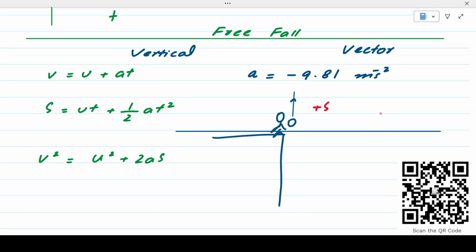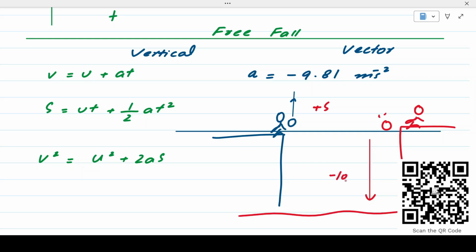Or if, let's say, another person over here drops an object from this height, and the object goes down the cliff, probably into the water, with a distance of, let's say, 10 meters, this displacement will be taken as negative.